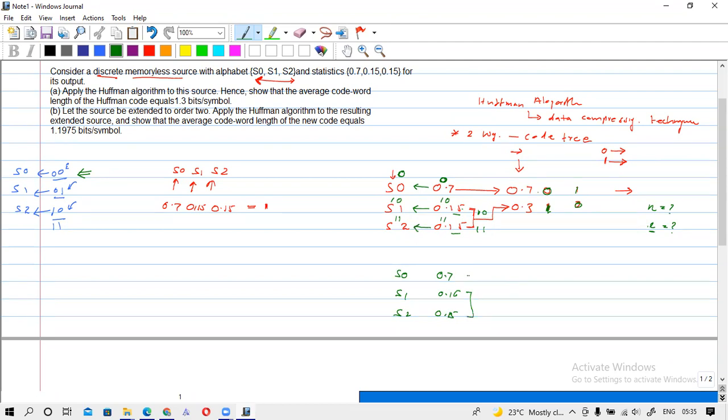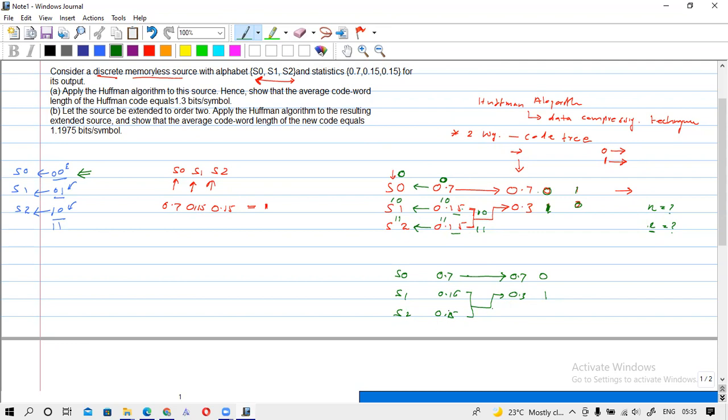So here you get 0.7 and 0.3, and you assign 0 and 1 here. This is directly related with 0, and here you will get 1 and 0, so you will get 1 here.